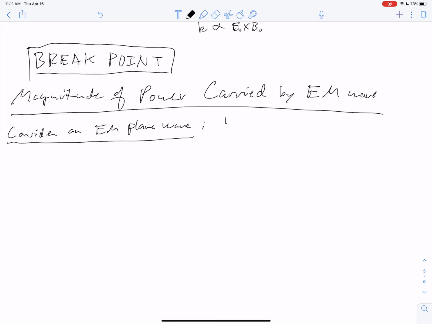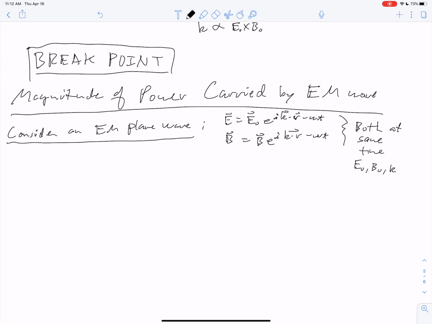E equals E naught e to the i k dot r minus omega t, and B is equal to B naught e to the i k dot r minus omega t. So when I talk about an electromagnetic plane wave, it's both of these things at the same time. And there are special relationships between E naught, B naught, and k. That is what a plane wave is.